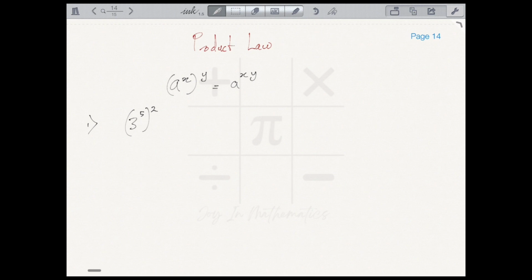Now the expression itself is 3 raised to the power 5, and it is now being raised to another power of 2. From here we can say that the base is 3, and the resultant power will be 5 multiplied by 2, which gives us 3 raised to the power of 10.